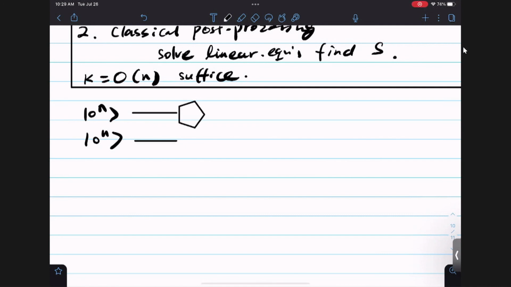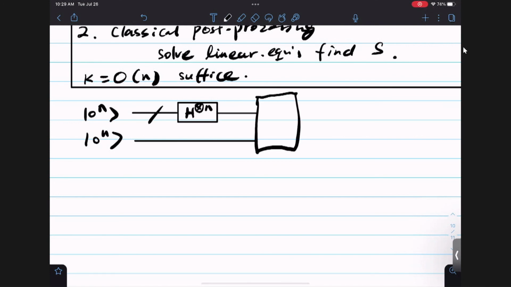So I just apply Hadamard. Let me just use the shorthand notation, Hadamard tensor n. I use this slash to represent that there are actually multiple wires stacked together. So we apply Hadamard to each of the wires, to each qubit. Okay, that's a good start.